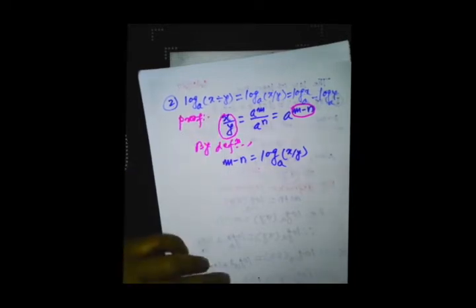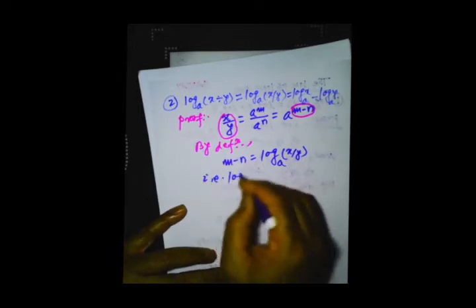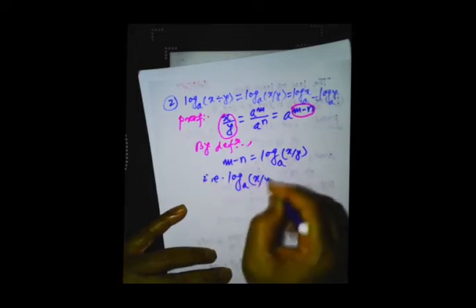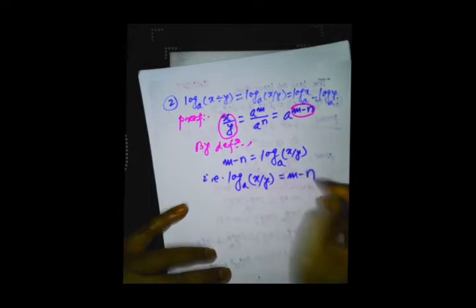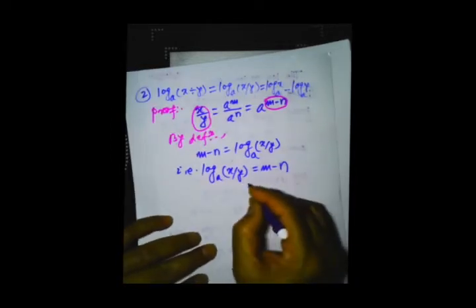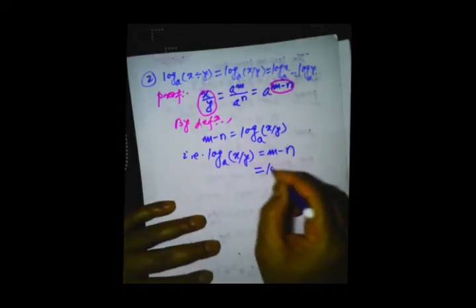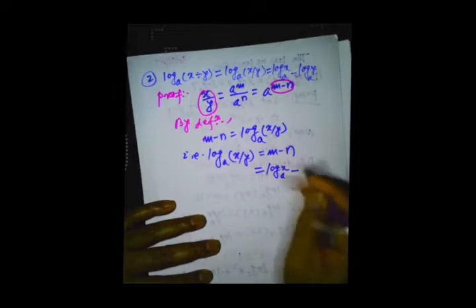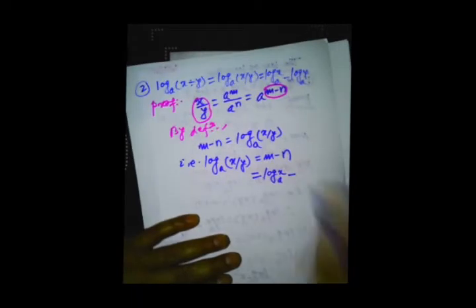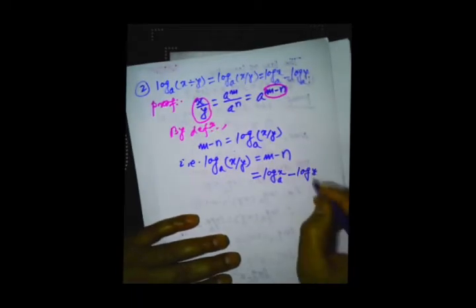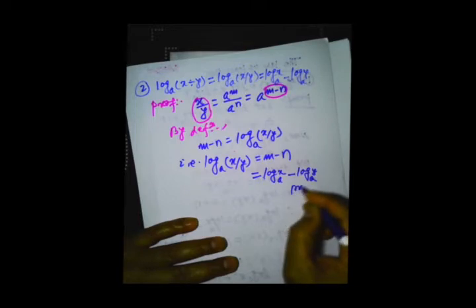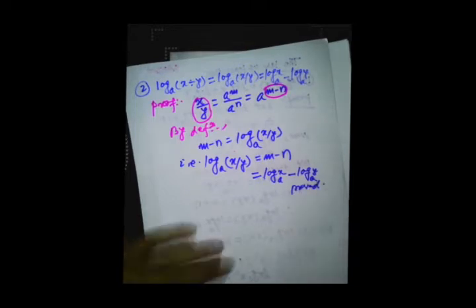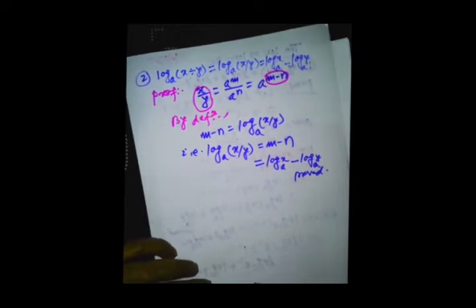So we now have log base a of x by y equals m minus n, and you have m as log x to base a, minus n as log y to base a, and hence this is proved.